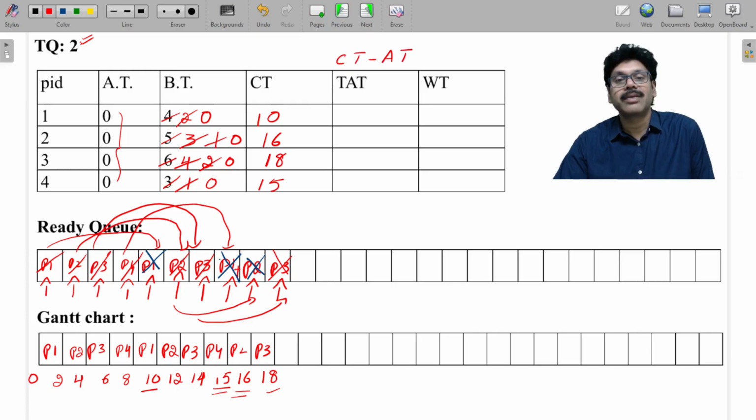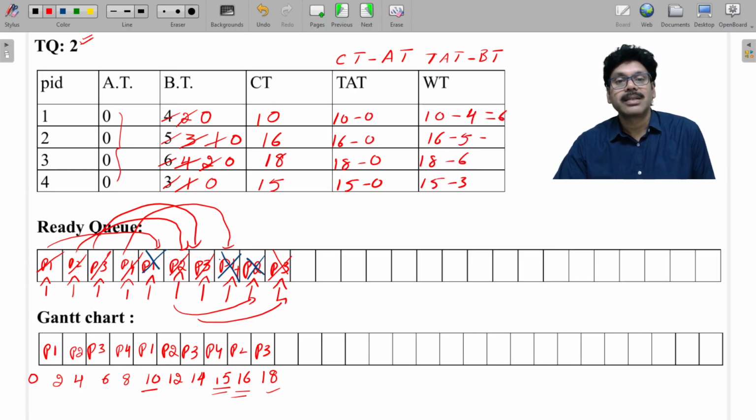You know turnaround time is completion time minus arrival time. 10 minus 0, 16 minus 0, 18 minus 0, 15 minus 0. Wait time is turnaround time minus the time you spent with the CPU. So 10 minus 4, 16 minus 5, 18 minus 6, 15 minus 3.